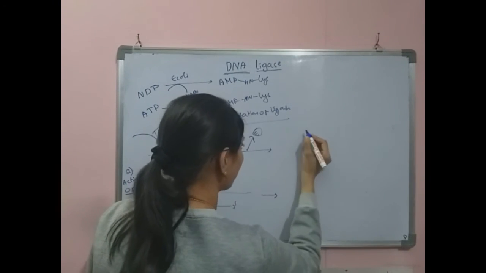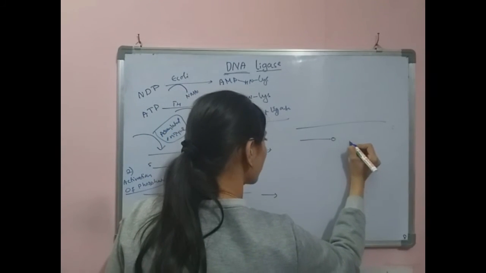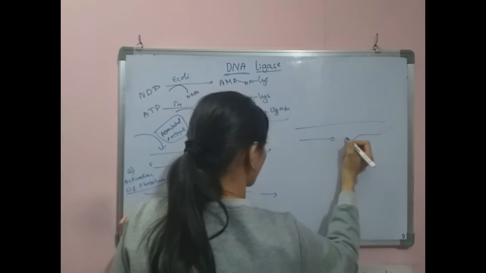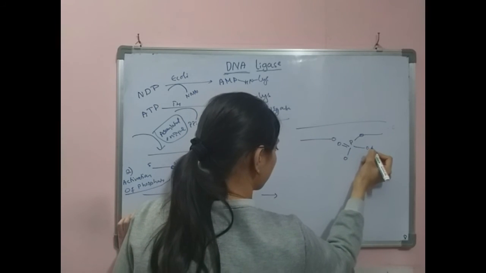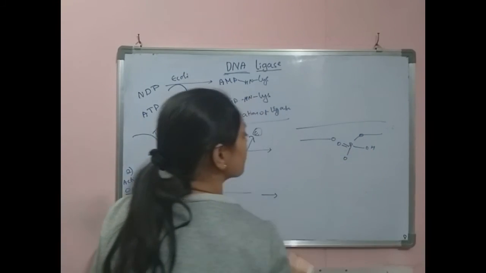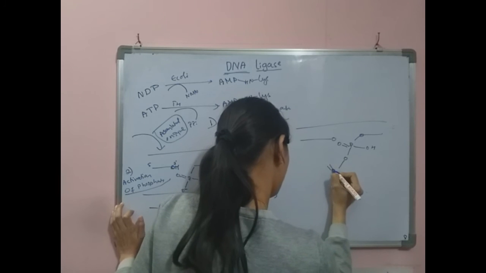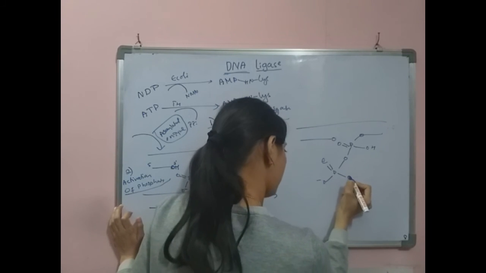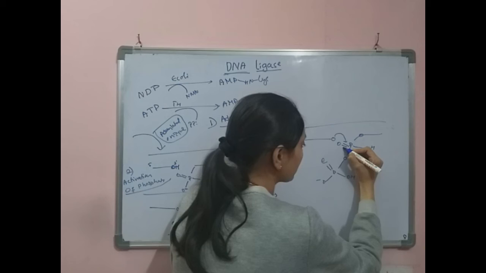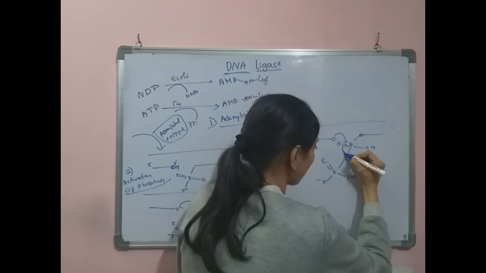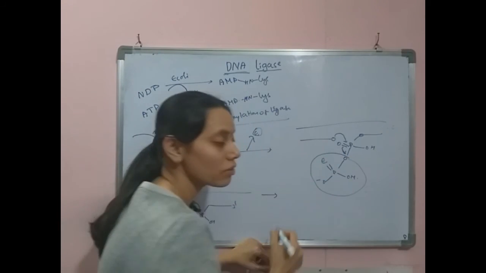And in the next step, the oxygen attacks this double bond, and the electrons will be donated to this bond, so that this AMP is again released.